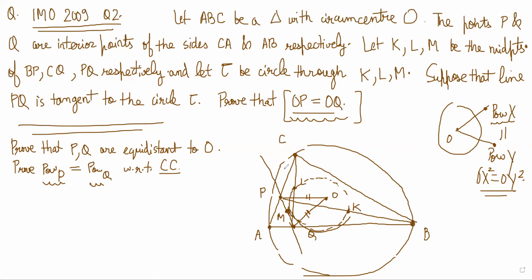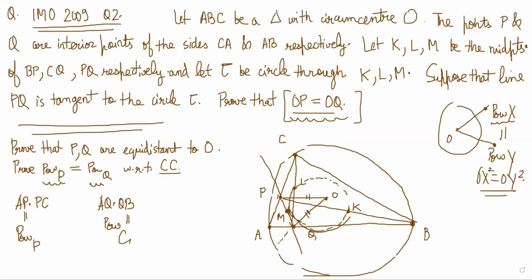Correct. So we saw earlier that whenever it is part of a chord, you can say that AP into PC is equal to the power of the point, right? AP into PC is equal to the power of P. And similarly, we saw that AQ into QB should be the power of Q, right?